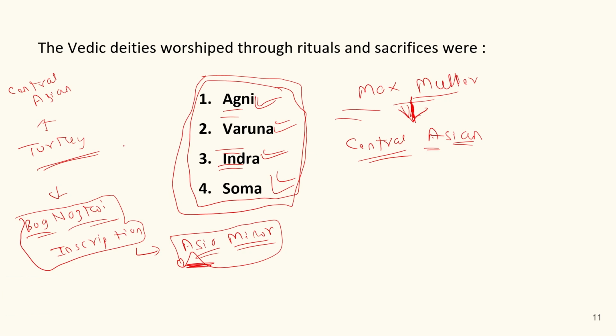So Max Muller claimed that because these gods were mentioned at Bog Haskoi, India is on this side, Turkey is on this side, and Indian gods are mentioned on this side also. So there is a possibility that the people we call Aryans moved from Turkey to India. That was the basis of Max Muller, and that's why this theory is supported by many scholars, that the Aryans migrated from Turkey to India, or from Central Asia to India.